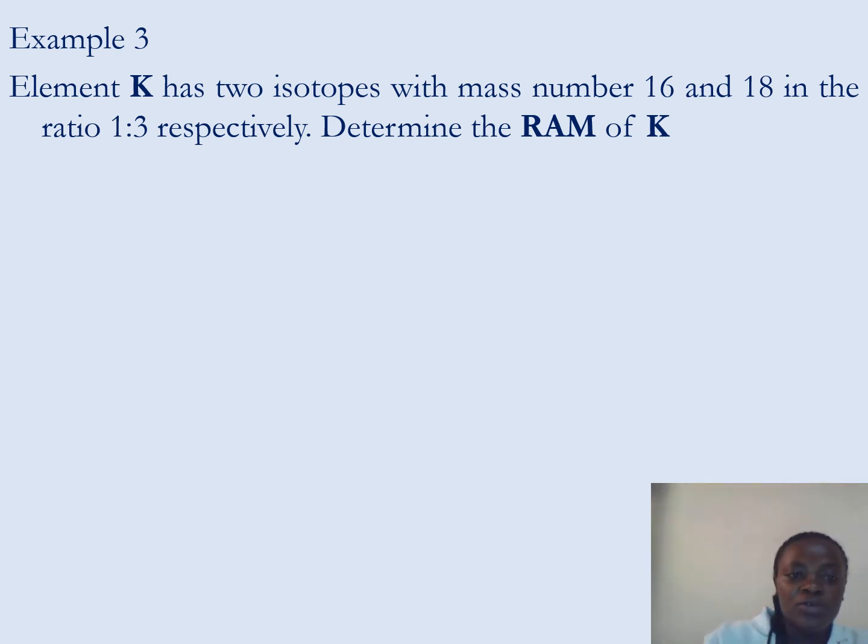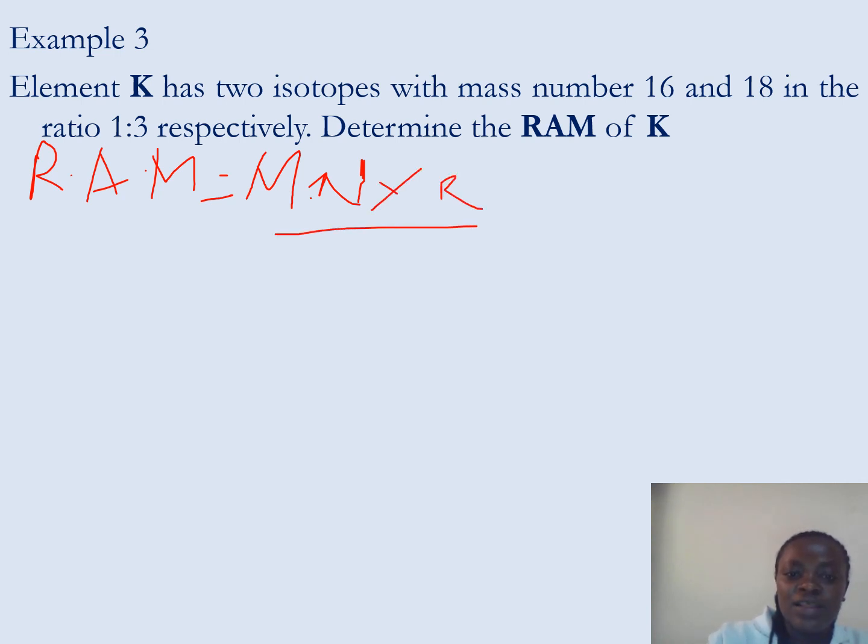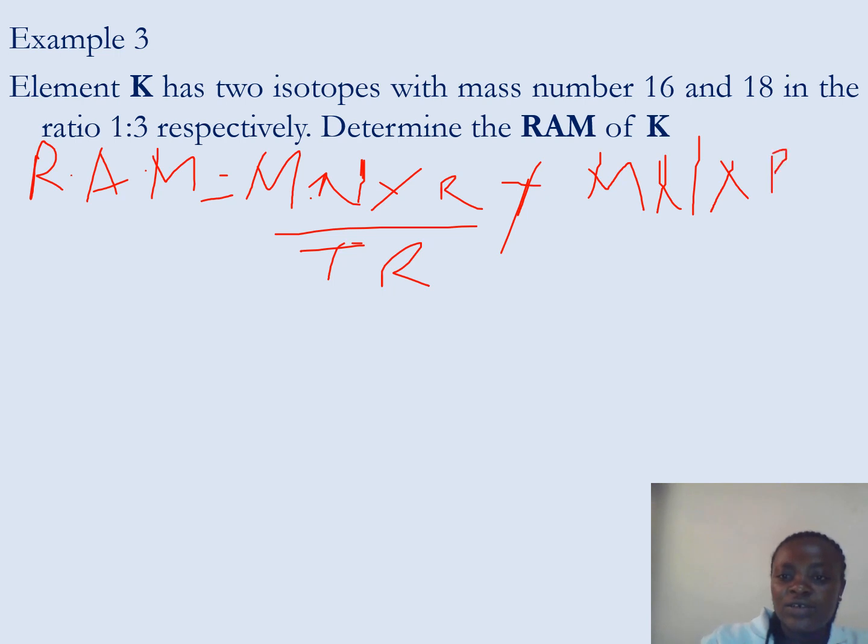So here, to get the relative atomic mass, we are going to take the mass number of the first isotope multiplied by its ratio divided by the total ratio, then plus the mass number of the second isotope times its ratio divided by the total ratio.